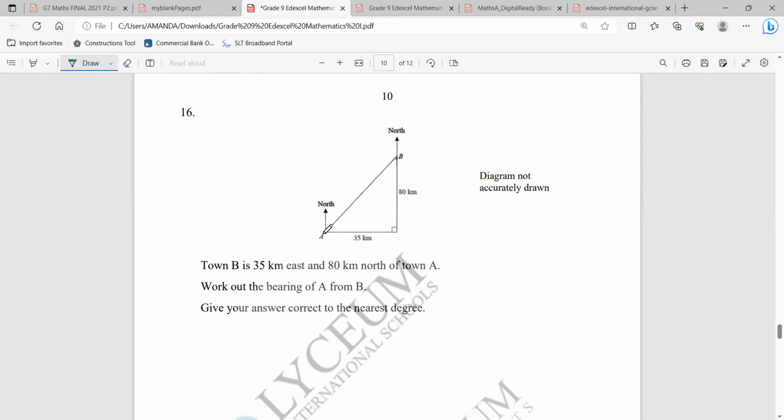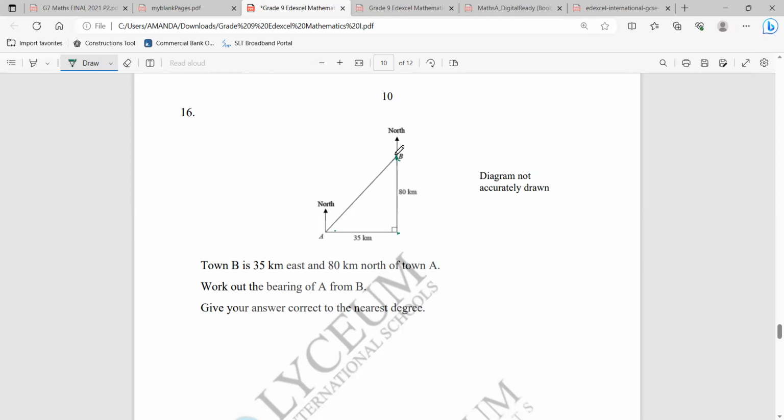From A, town B is 35 east and 80 north. Work out the bearing of A from B.